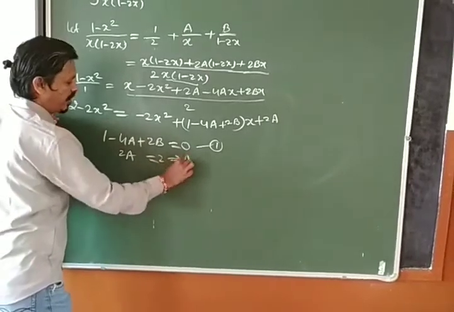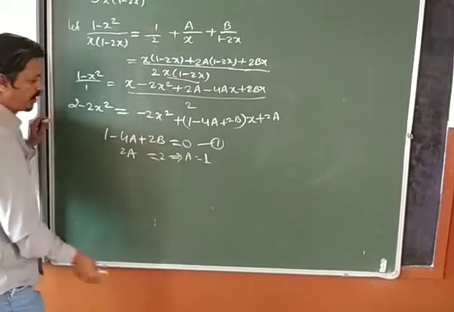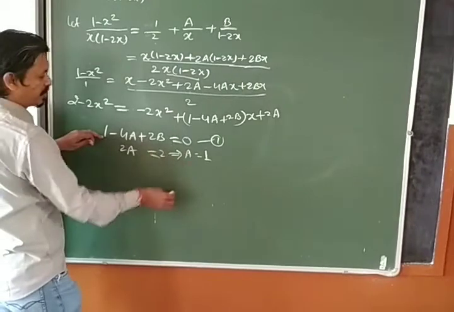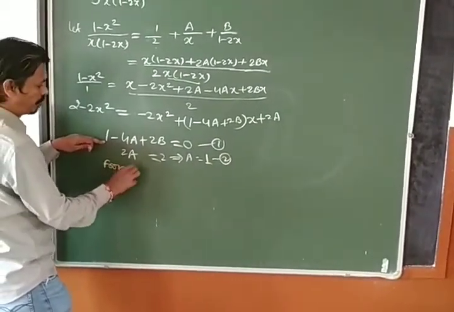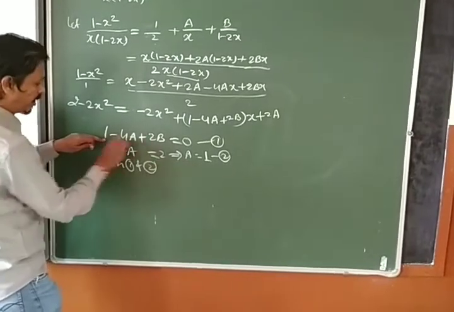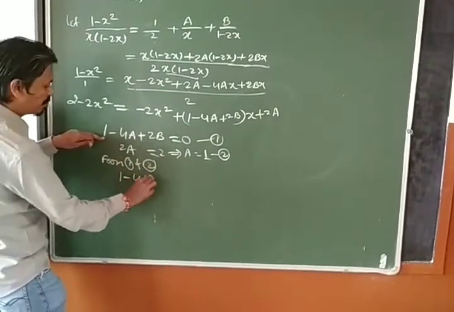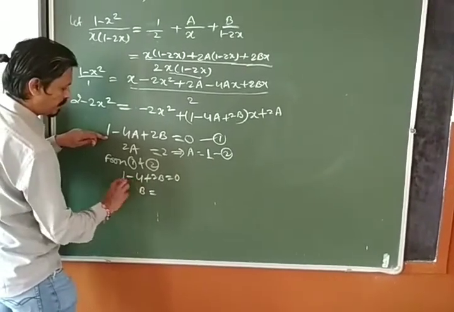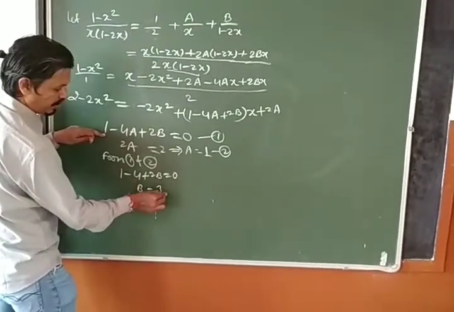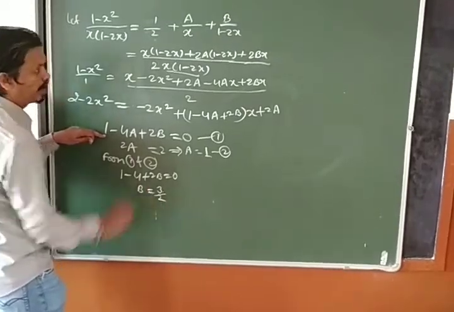So this will give a equal to 1. When we put a equal to 1 in this equation, we get 1 minus 4 plus 2b equal to 0. So b will be minus 4 plus 1, 3 will come here, plus 3 upon 2. So b is 3 by 2.